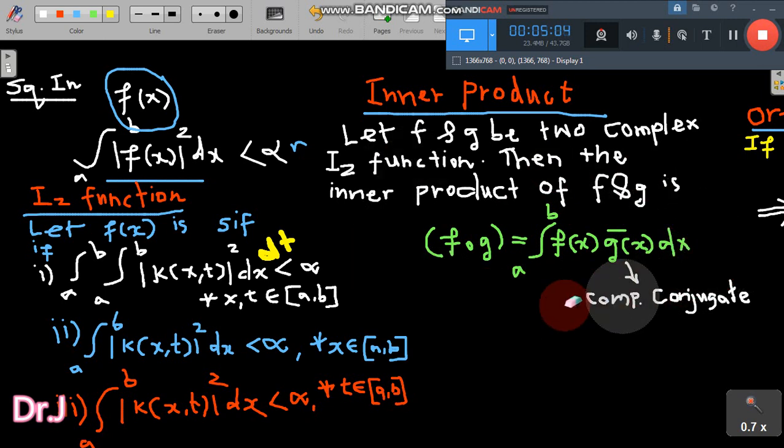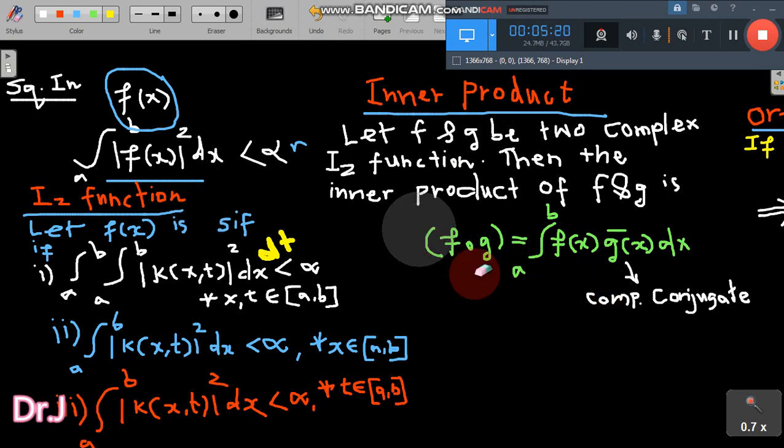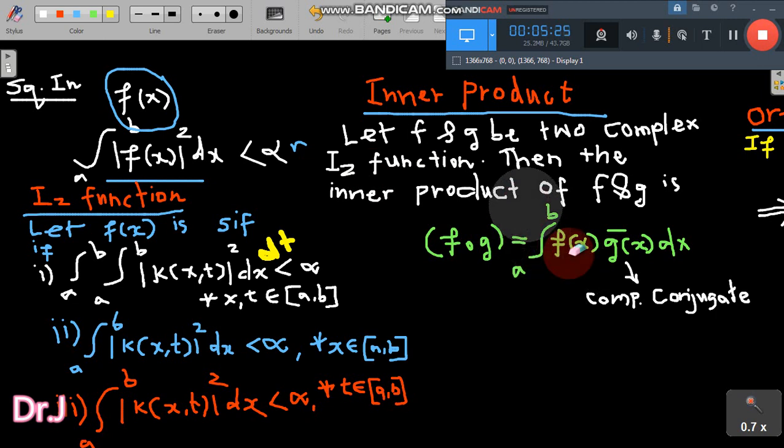This operation we call the inner product.